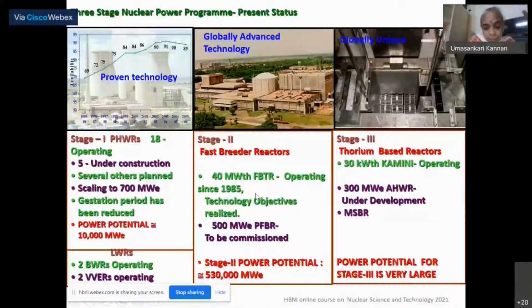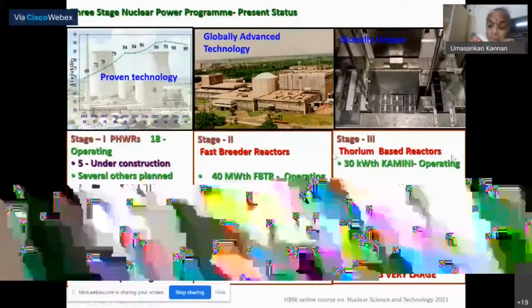In the third stage, what Bhabha had decided was that we should have thorium-based reactors. India is endowed with a lot of thorium reserves, but you already know that thorium is only a fertile material. It would require a fissile material.